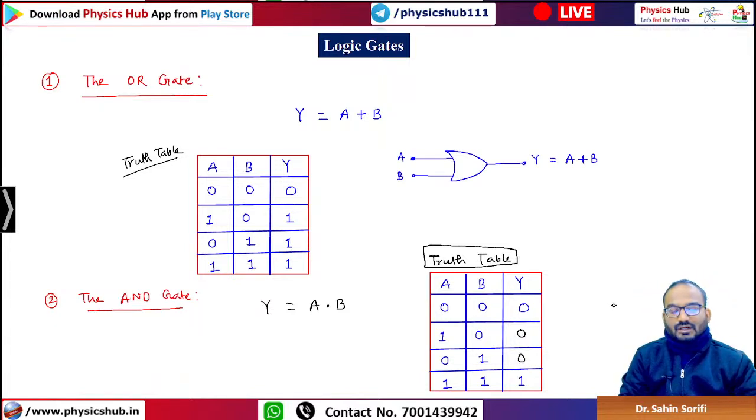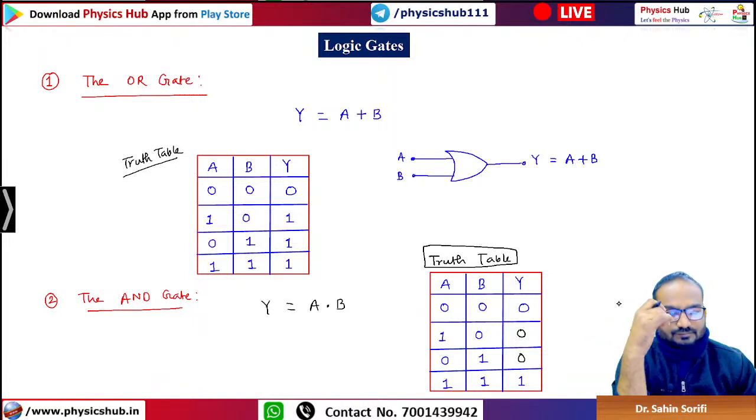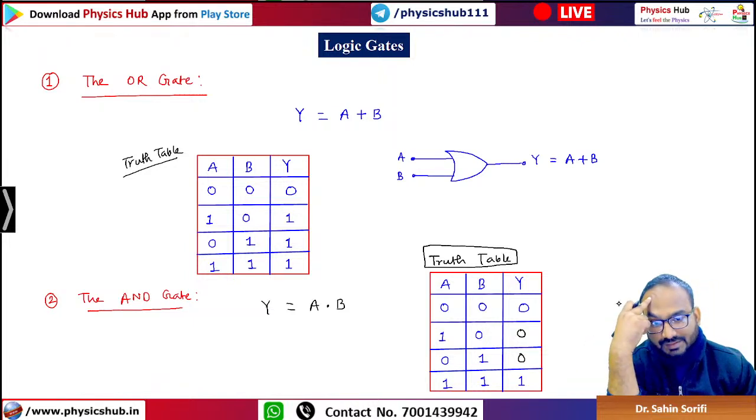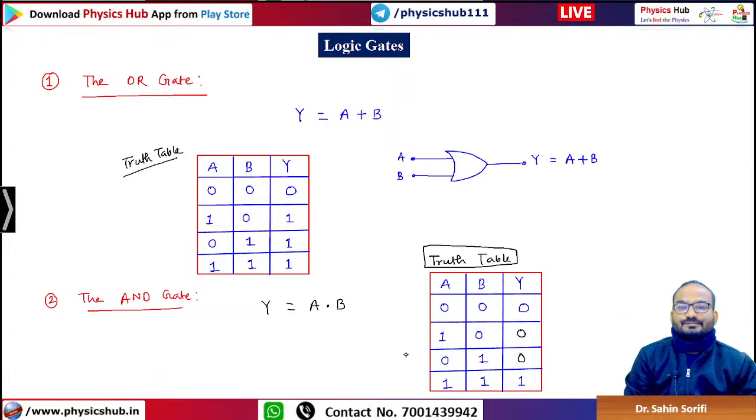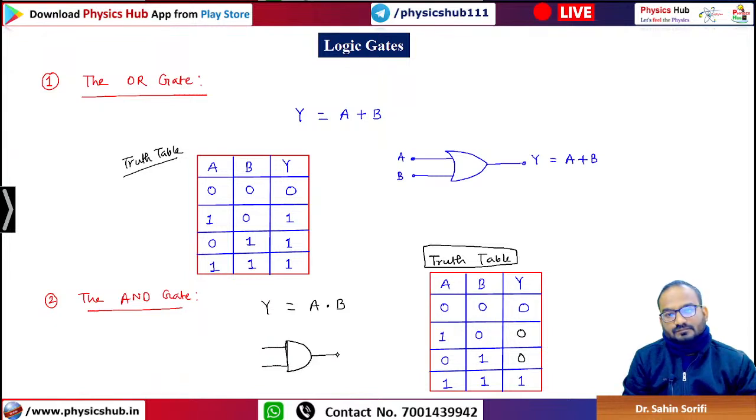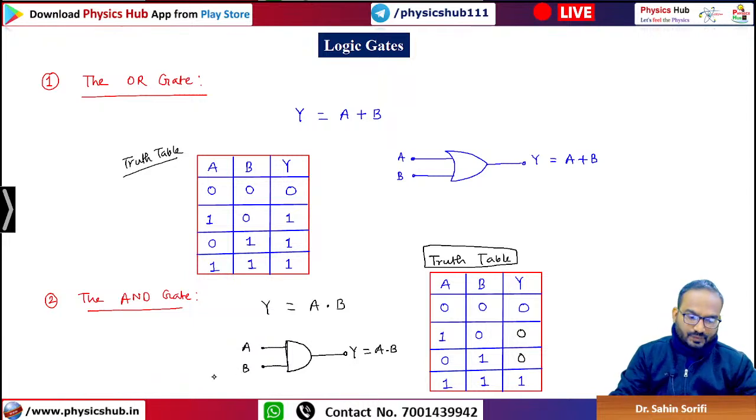Now, how does it look like? This is your Y is equal to A and B.